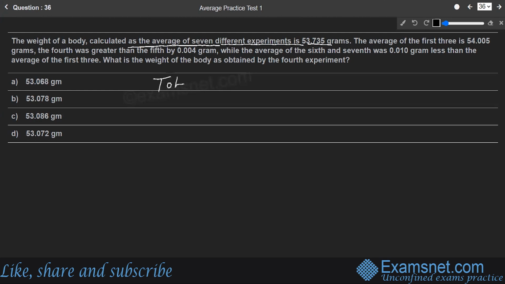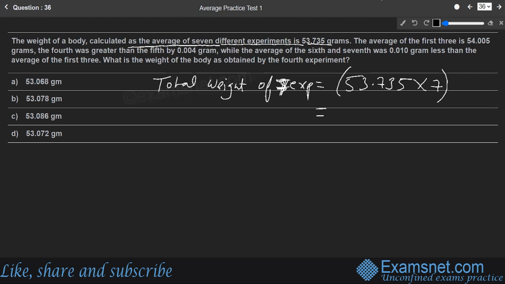Total weight of 7 experiments is average multiplied by 7, so 53.735 multiplied by 7. If you solve this, it comes to 376.145 grams. So this is the total weight of the 7 experiments.